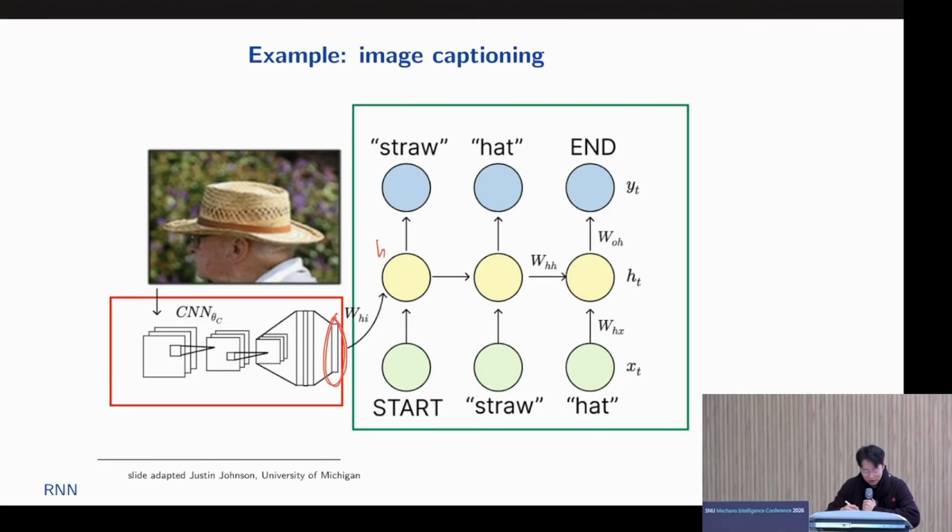This is going to be the initial state, and that's going to be the seed to update the first hidden state. And then you start decoding. So this is the beginning of sentence token. You insert this special token and sample from the distribution here. And straw, insert this, followed by hat, insert this, and you stop when you sample the end of sentence token.